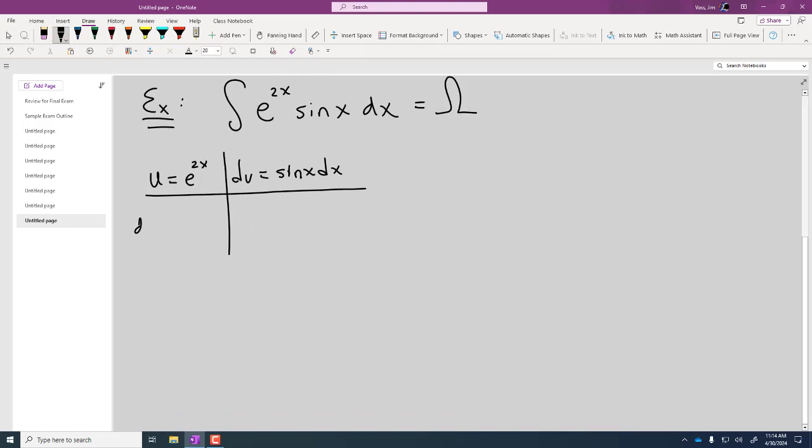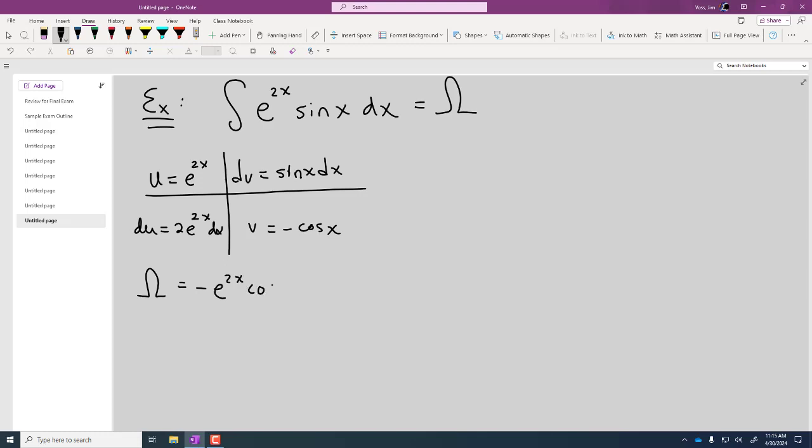And the derivative here, 2e to the 2x. Integral here, cosine. Sorry, negative cosine. So then the original integral, which we call omega, is going to be uv, so minus cosine of, actually usually we put the e to the x in front, so that it doesn't look like it's part of the angle.